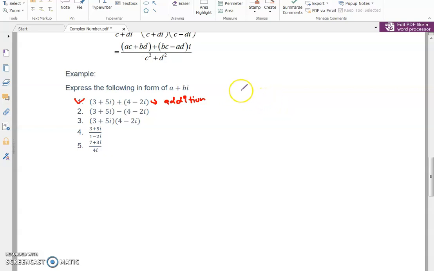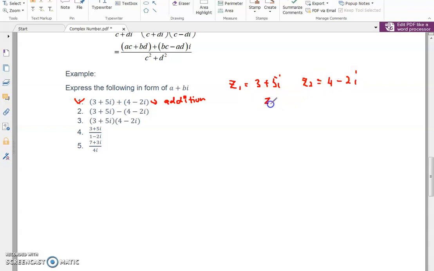Now the value of your z1 is equal to 3 plus 5i, and the value of your z2 equals 4 minus 2i.